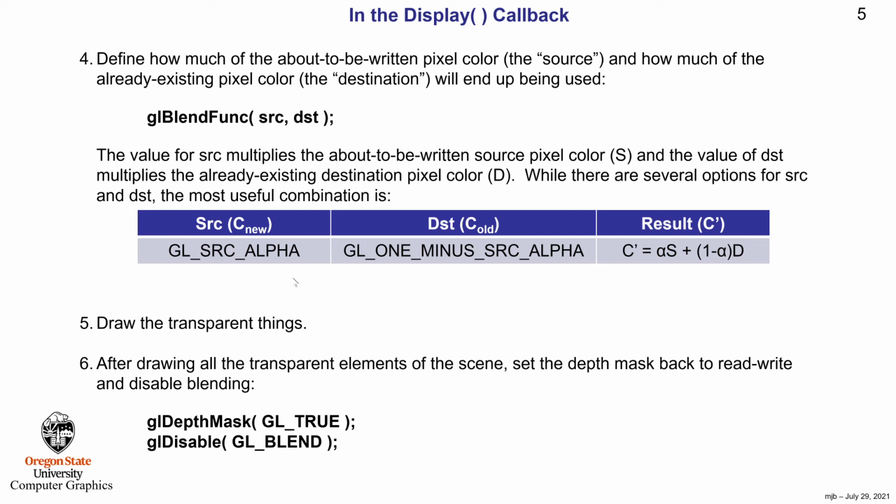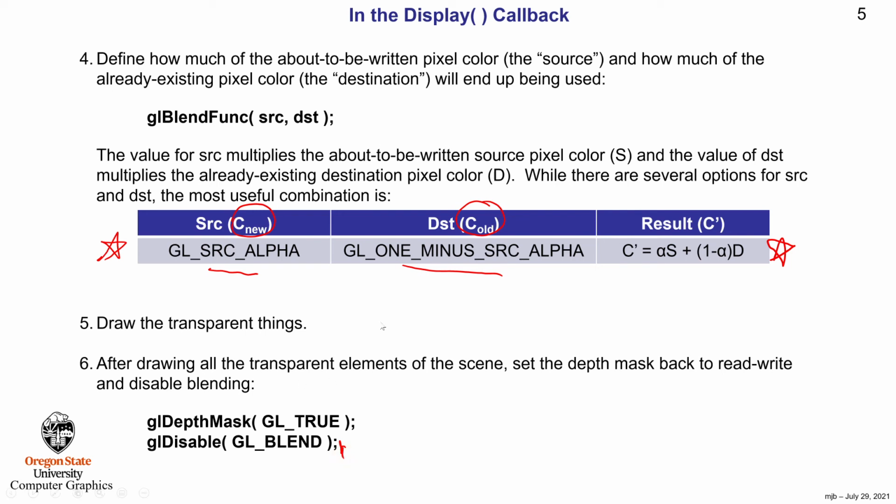However, the one I think that actually makes sense is this one, which is the equation on the previous page: alpha times the new color plus 1 minus alpha times the old color. There are others, but this is the one I think makes the most sense. Now you draw the transparent things, and now you disable the blending.